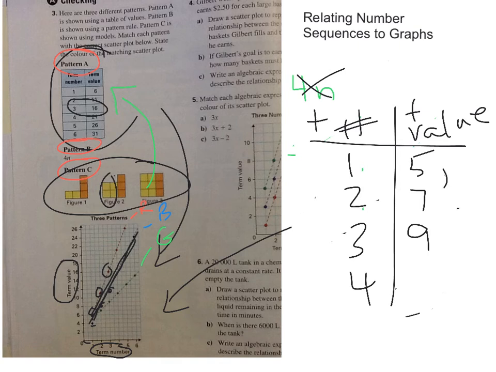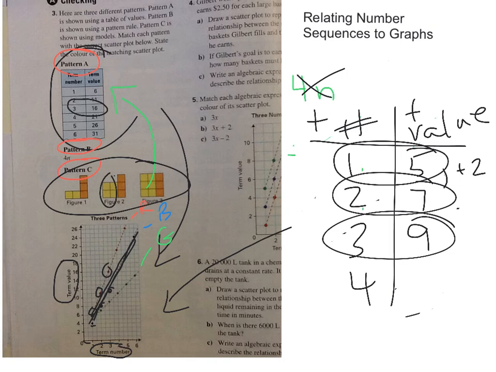So we know that it's increasing by 2. Actually, we don't even need to get to this point. We don't even have to come up with the algebraic expression. We've come up with a table of values, so we have our ordered pairs already. 1, 5, 2, 7, 3, 9, and if we continue, it would be 4, 11. Let's just double check.